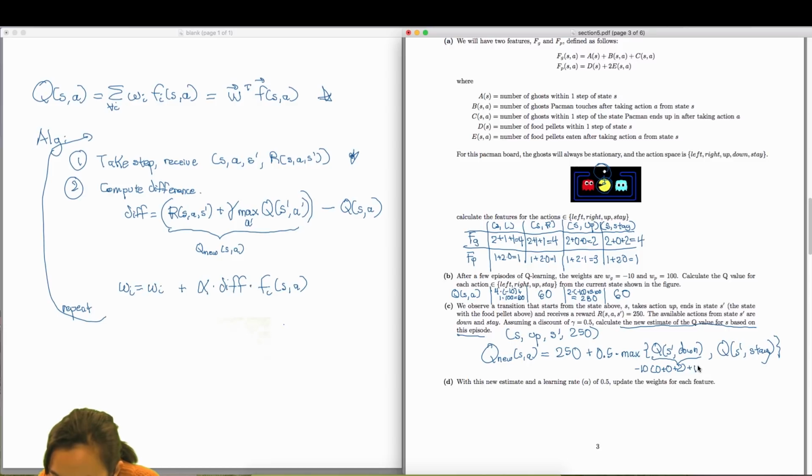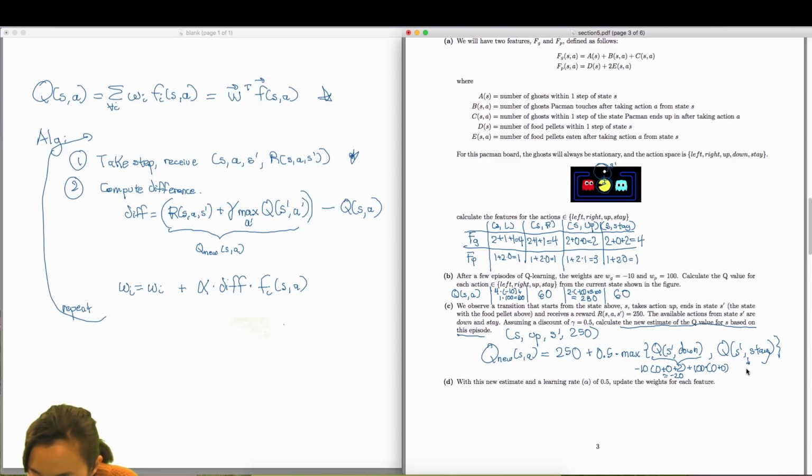Plus 100 times the value for feature P, which is the number of food pellets within one step of the state S prime. When we transition from S to S prime, we're going to have already consumed the food pellet, so there are 0 food pellets. And the number of food pellets eaten after taking the action, there are no food pellets on the board anymore, so that's 0. And so that's going to be -20.